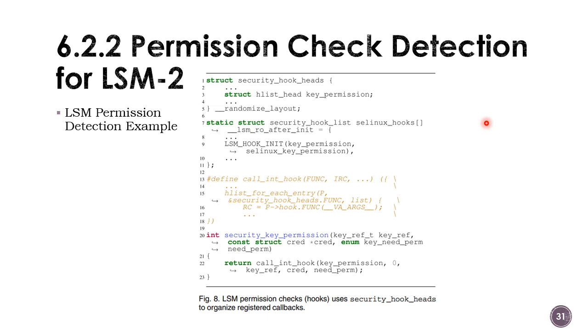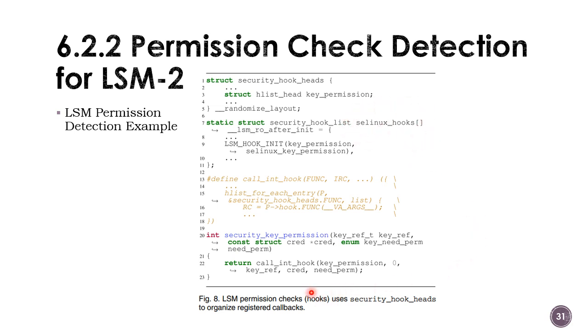So in this slide, we have an example from the paper. In this figure A, it has a source code of several callback functions, including here we have static struct security_hook_list selinux_hooks. We can clearly identify that SELinux is one of the LSM mechanisms.